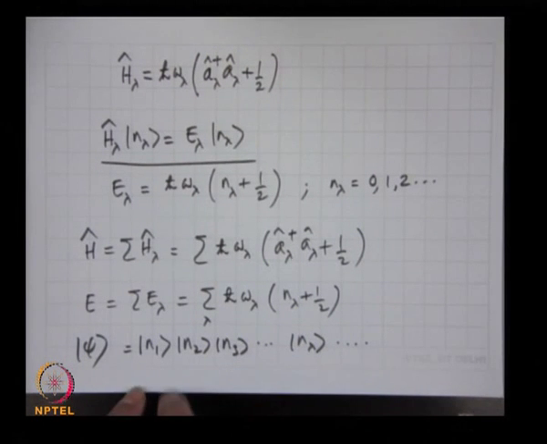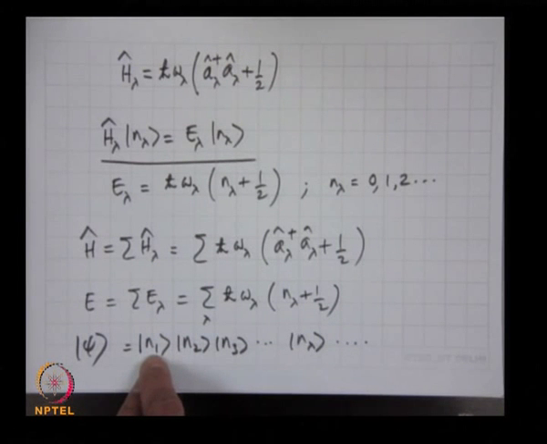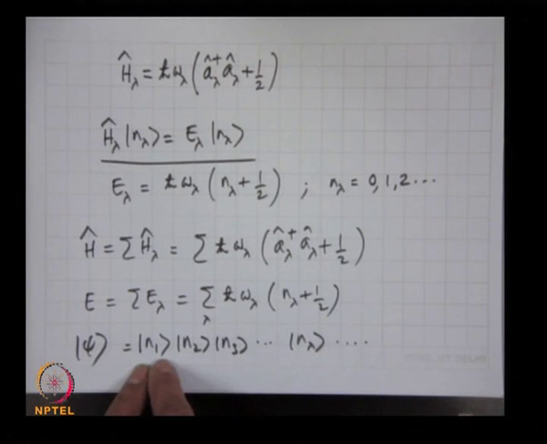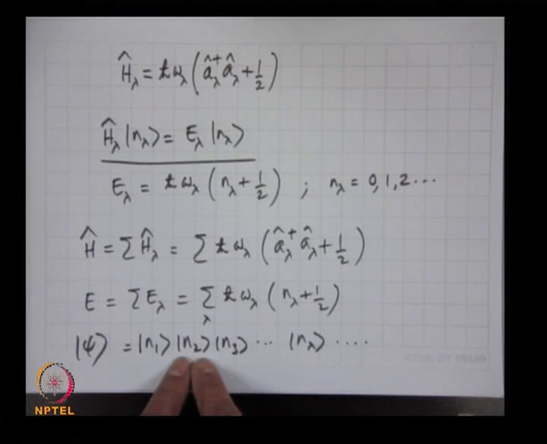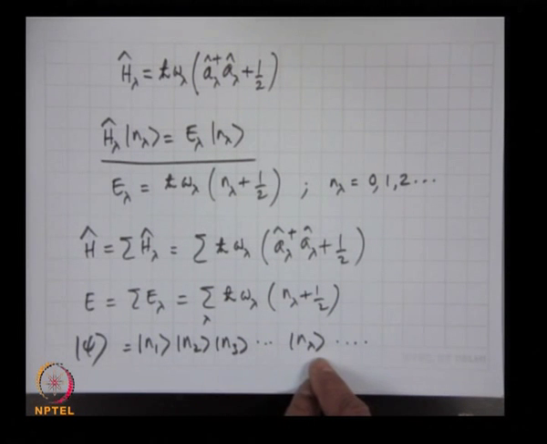So what it implies is that h1 acting on this will give me n1 times this ket. That means this ket corresponds to a state in which the energy is (n1 plus half) h cross omega 1, plus (n2 plus half) h cross omega 2, plus (n3 plus half) h cross omega 3, plus (n lambda plus half) h cross omega lambda, plus etc., infinite.